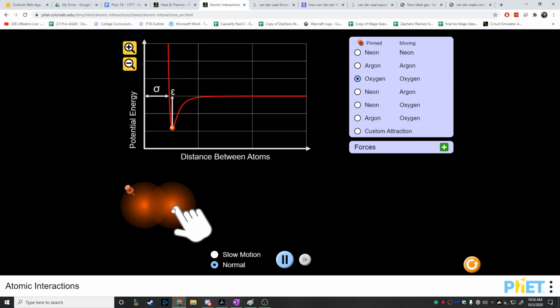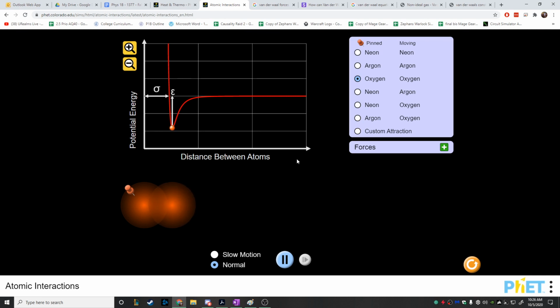So what we have here are two oxygen molecules. One of them is held in place, right? And what we can do is move this in and out. And by moving it in and out, we change R, the distance between the atoms. You can see that if we let it go, it'll vibrate back and forth. So watch what happens with these forces, okay? This represents potential energy.